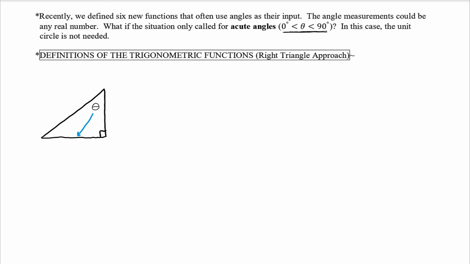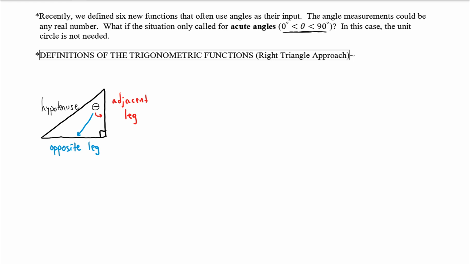This side is what we call the opposite leg. And this one right here is what we call the adjacent leg. And of course, it's a right triangle, so this is always the hypotenuse.